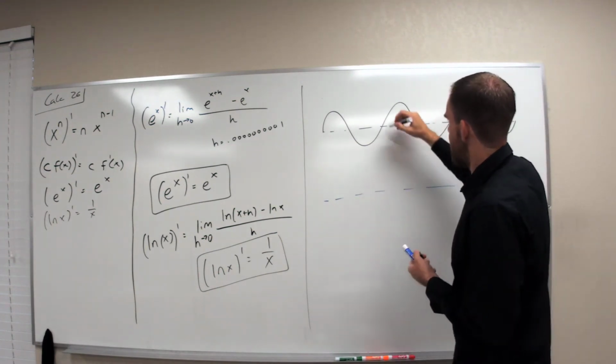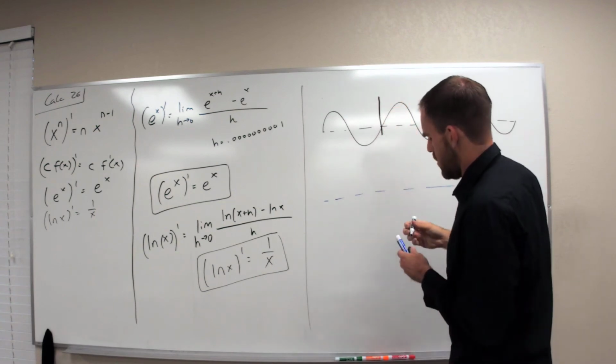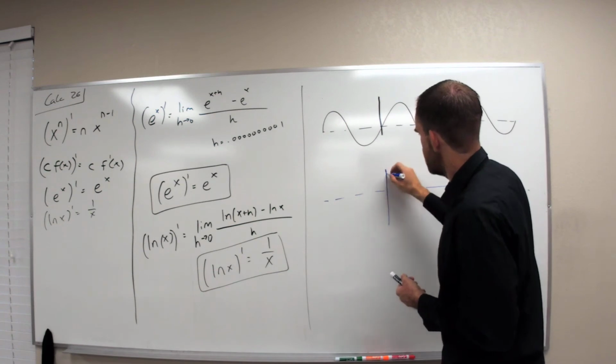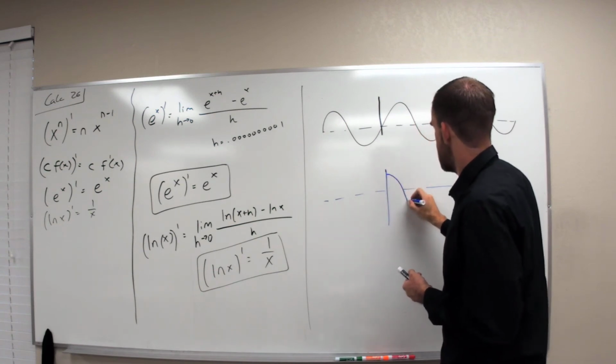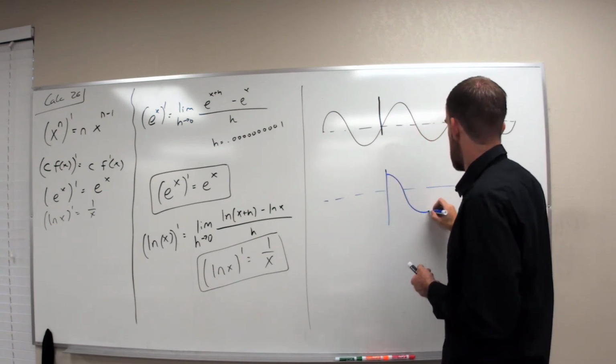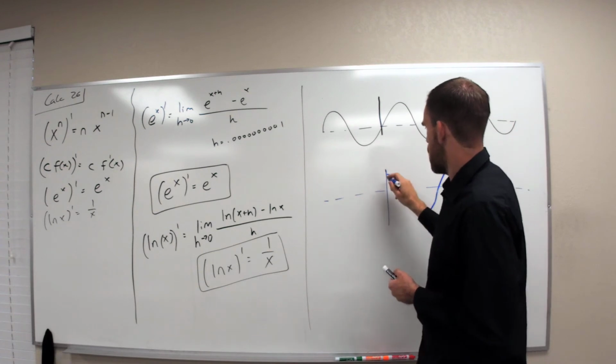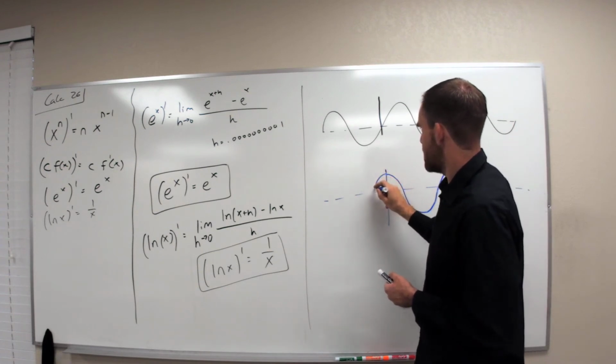So if this is sine, then cosine is something like this.